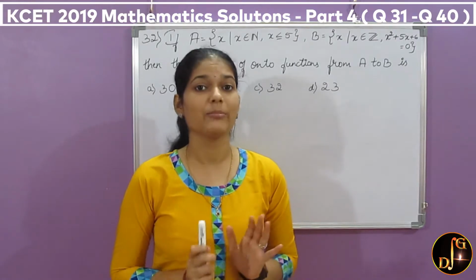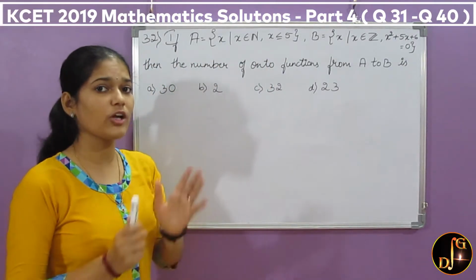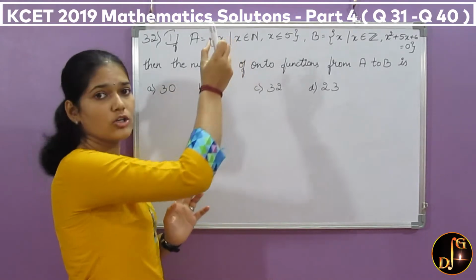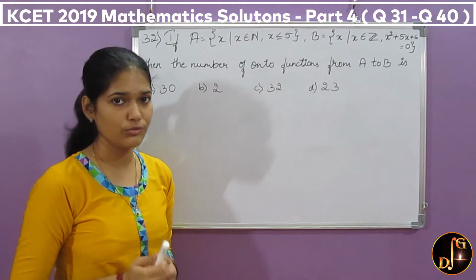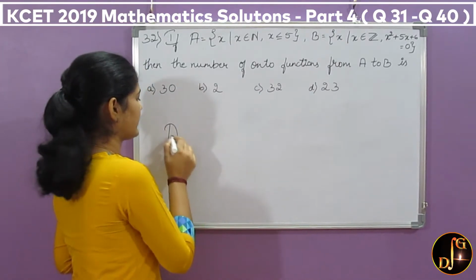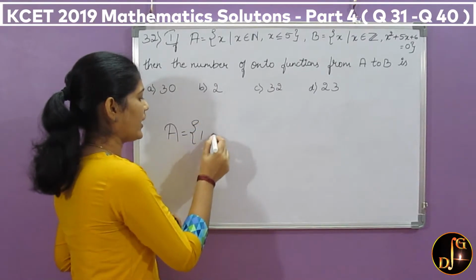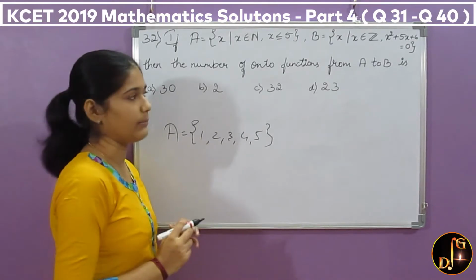In this problem, they have given two sets A and B. A is set of all x such that x belongs to N, means natural numbers, and x is less than or equal to 5. Then what are all the numbers in set A? Set A will have 1, 2, 3, 4, 5, right? 1 to 5 numbers.